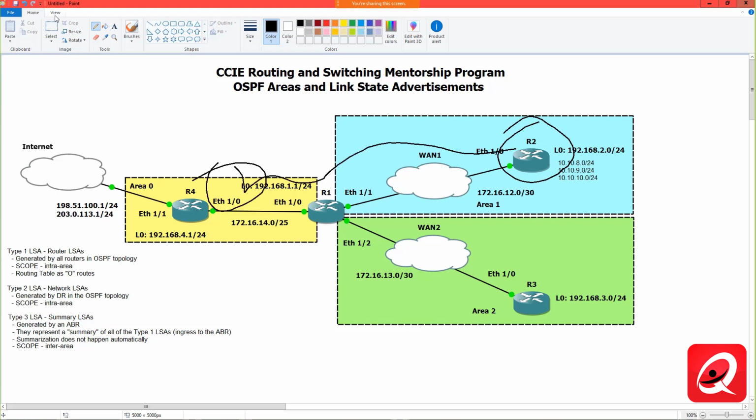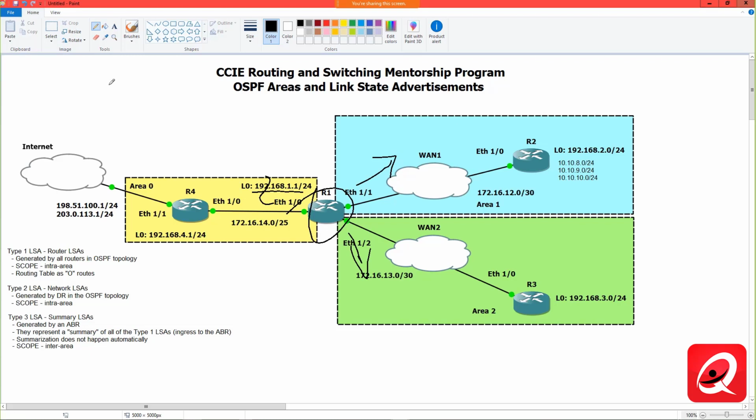So we do define them as inter-area, which means they are link state advertisements that represent prefixes in another area. That makes them inter-area. But they're actually only generated on the egress of the interface of the ABR. So technically speaking, they're being generated into the area that the ABR is already a member of, if you will. But we do define these as inter-area LSAs because they do represent routes that come from other areas.